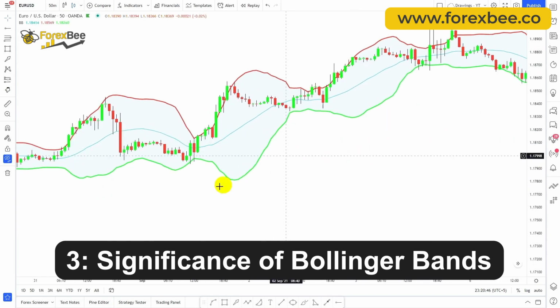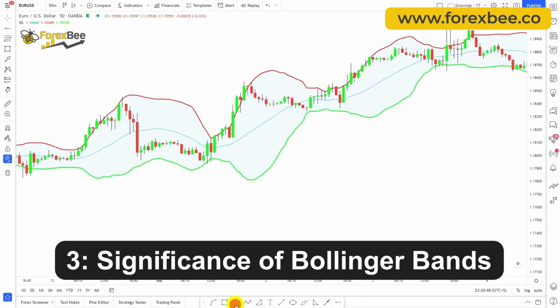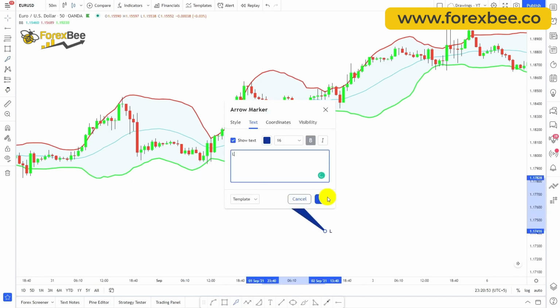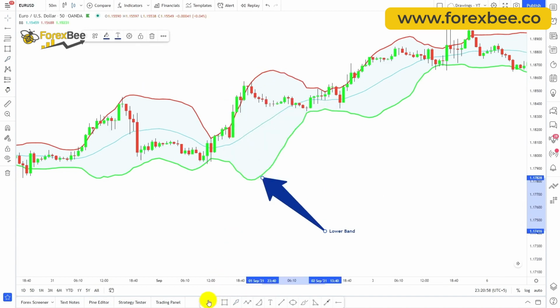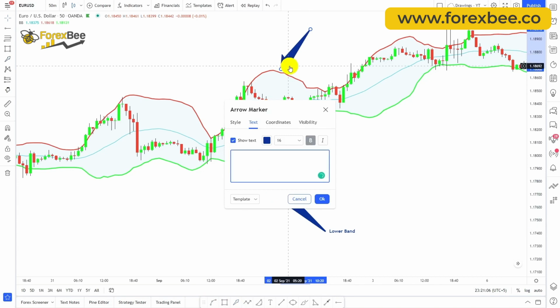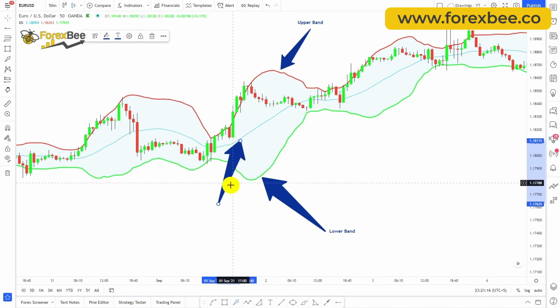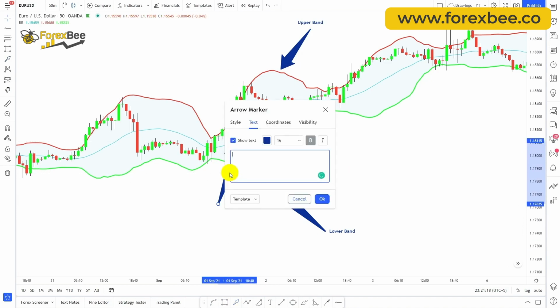As I explained earlier, this lower line is our lower band, this above line is our upper band, and this middle line is our middle band, which is a simple moving average line.